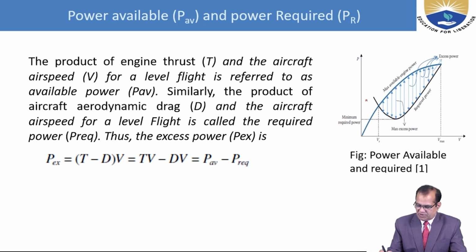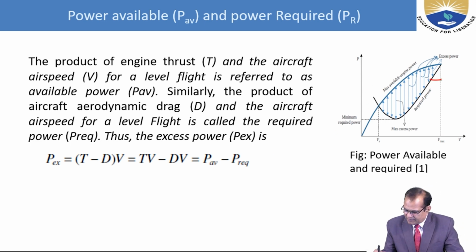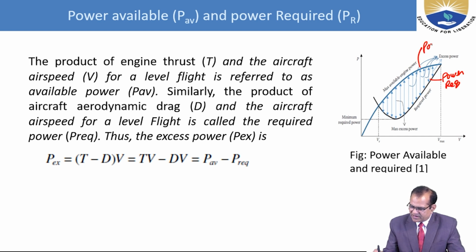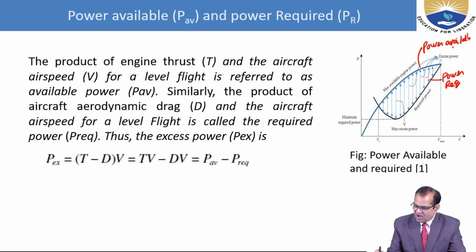So, if you see in this plot, this is the power required and this is the power available, and the difference between power available and the power required at a particular instant is called the excess power here. All these lines here, these all are the excess power.